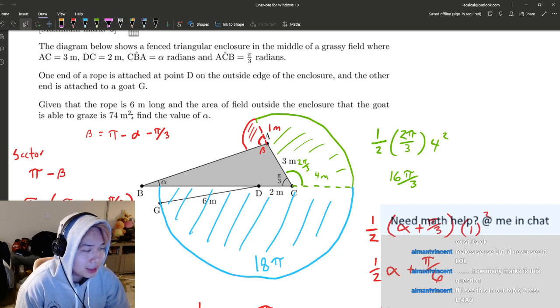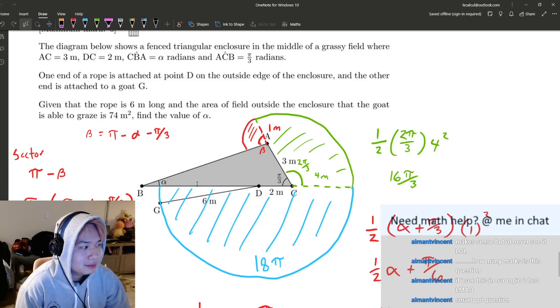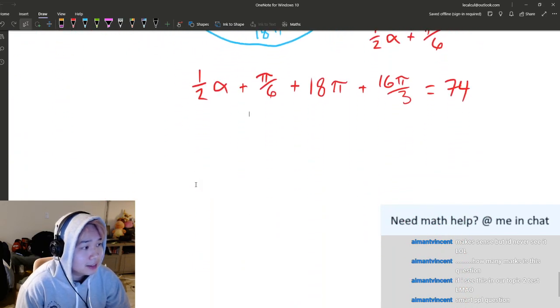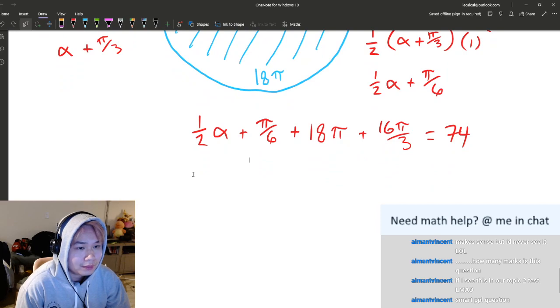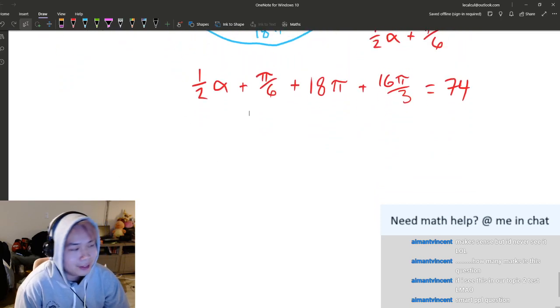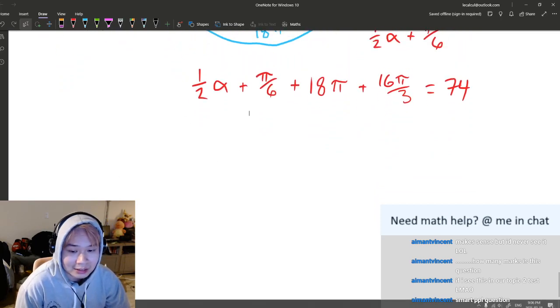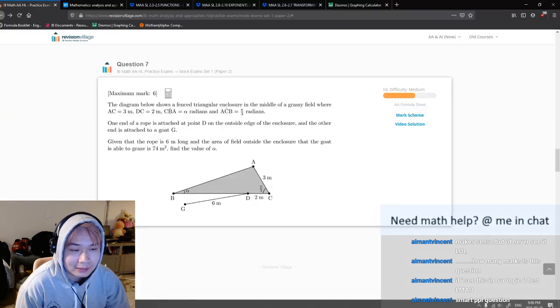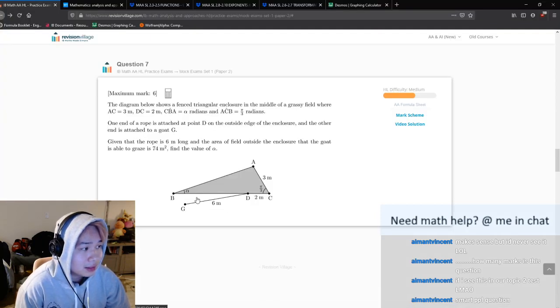I have seen questions that are almost as difficult as this on an actual paper, but I don't know. I feel like they needed to give a reminder that, like, the leash can't go through the fence or something. This is definitely a smart people question. Anyway, solve for alpha. I'm not gonna solve for alpha. I spent way too long on this question. But you know, this is HL, so anything goes.